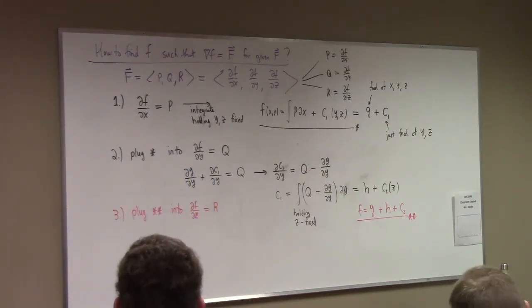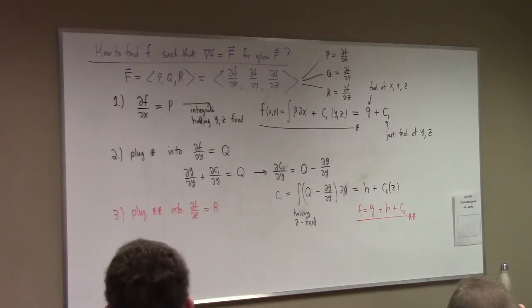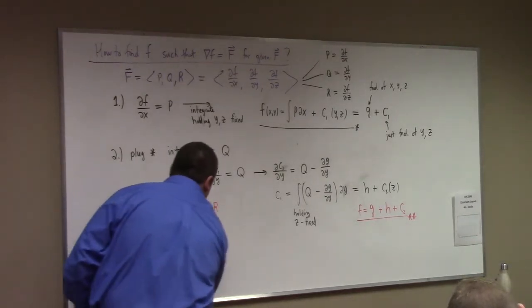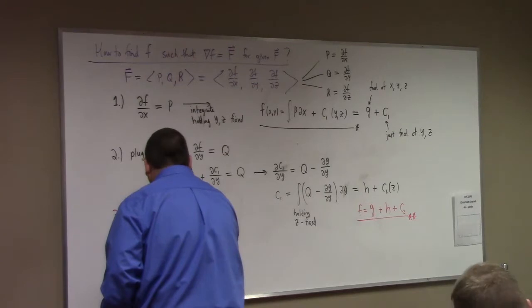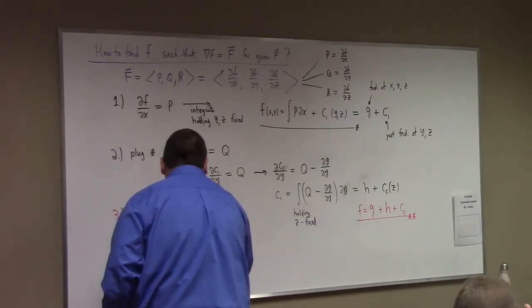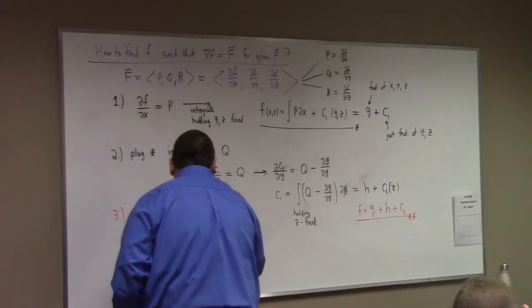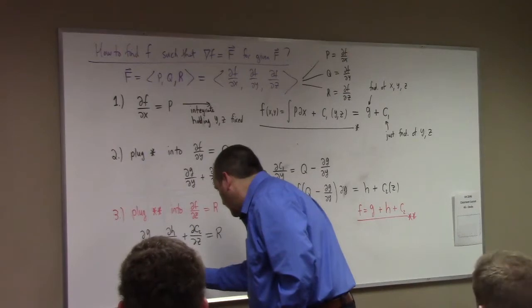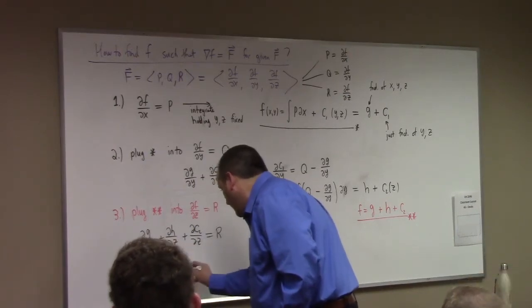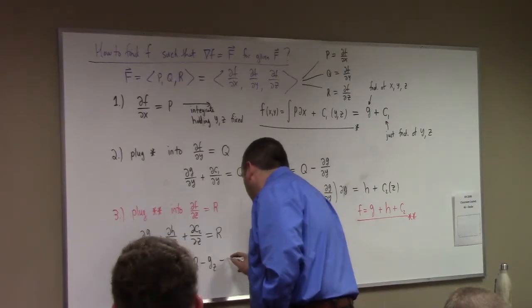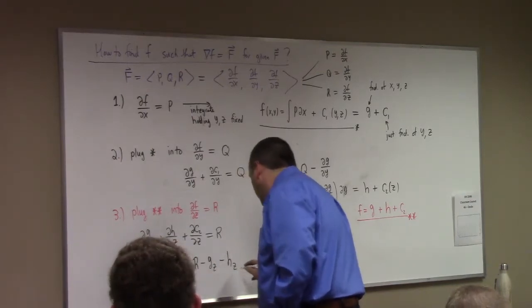Right? So what that's going to do is it's going to give us an equation of the form, well, we've got partial g partial z plus partial h partial z plus partial c2 partial z equals r. So you can solve that for partial c2 partial z is equal to r minus gz minus hz, right?